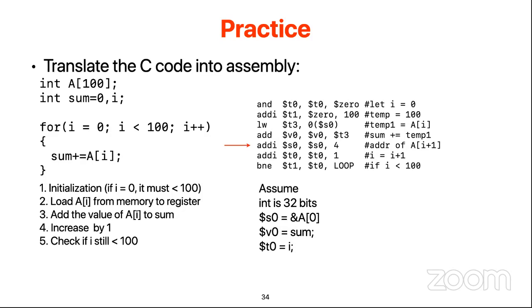Remember, the first instruction of the loop iteration is actually the load word instruction, so the loop label should be here. So that's the whole idea of how we implemented the left-hand side code. You just need to use the following instructions and you are done. That's how you translate C code into assembly.